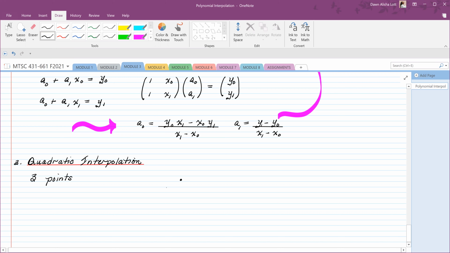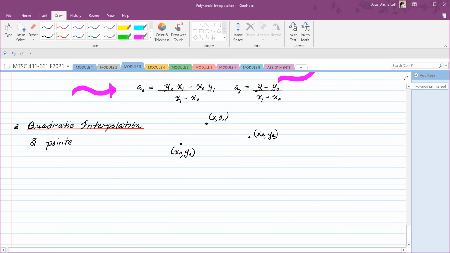So I have X naught, Y naught, I have X1, Y1, and then I have X2, Y2. And my goal is to figure out a parabola that fits those. So again, I'm going to take the easy route, using that second formula, the alternative formula.